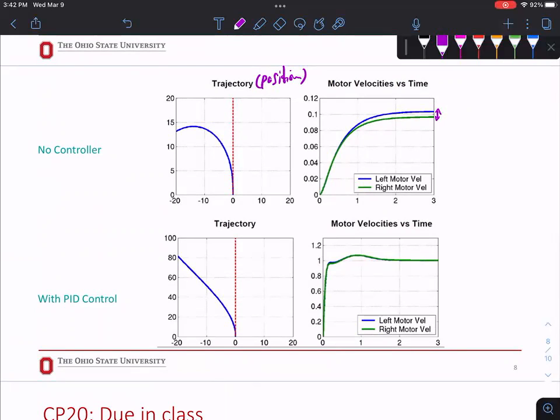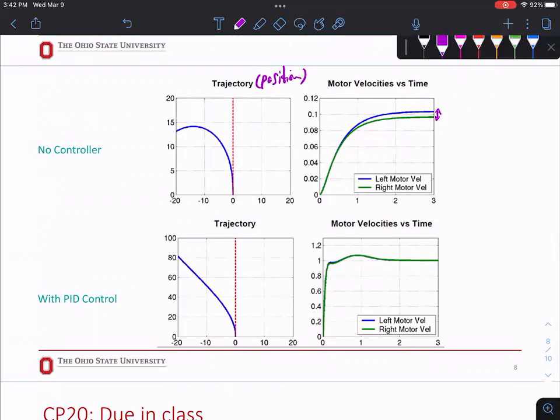One motor spinning faster means that you will turn in that direction, right? So you expect a left turn. Here we have a left turn. So change of velocity impacts position, because what we see is the position of the robot, right? But what was wrong was in the velocity that we need to control.